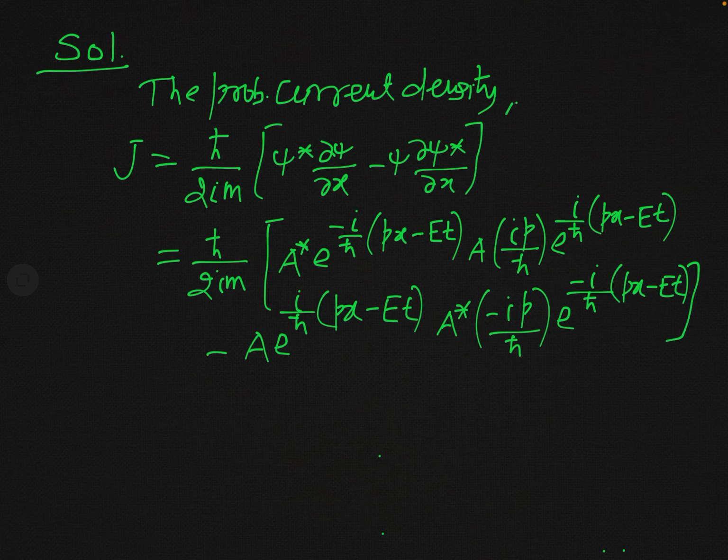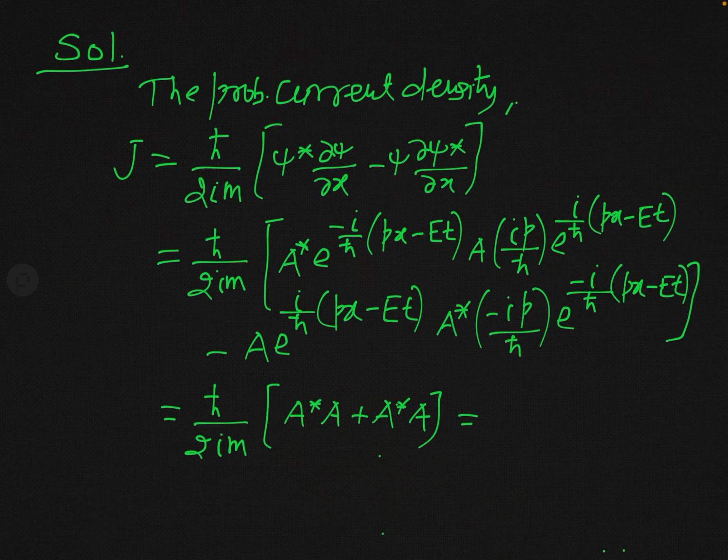And so the only term remaining will be A star times A. And similarly in the next term, the exponential factor will cancel out, and the result will be simply A star times A. And here minus and minus will be plus. So our result will be h cross over 2im times A star A plus A star A.